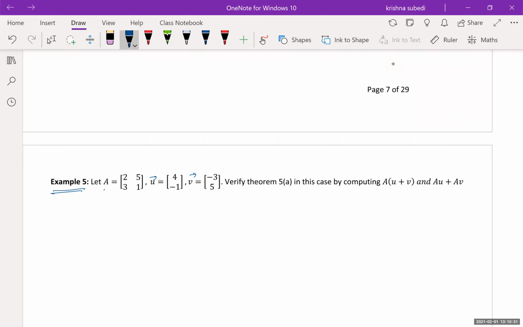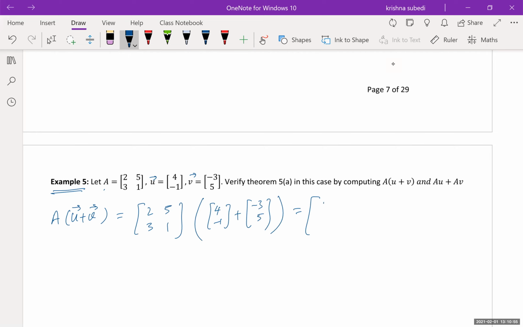Let us compute A(U plus V). A is 2, 5, 3, and 1, and then U plus V. U is 4, negative 1, plus V is negative 3 and 5.